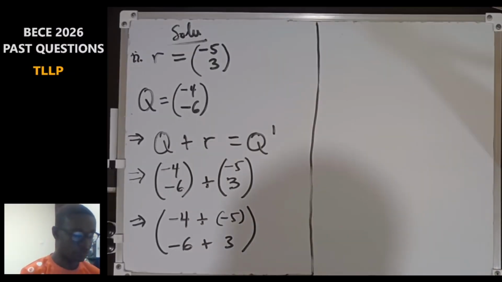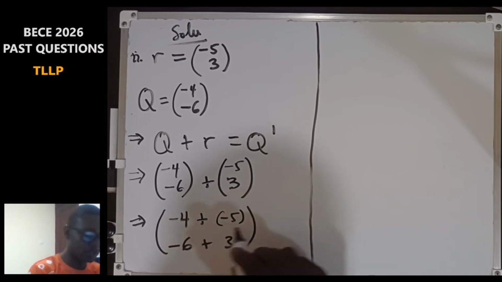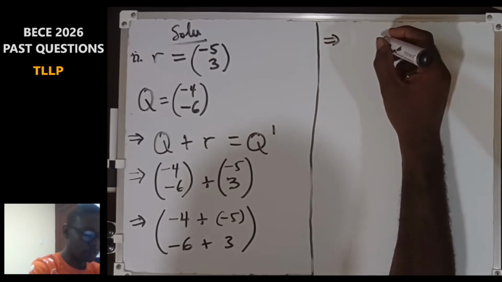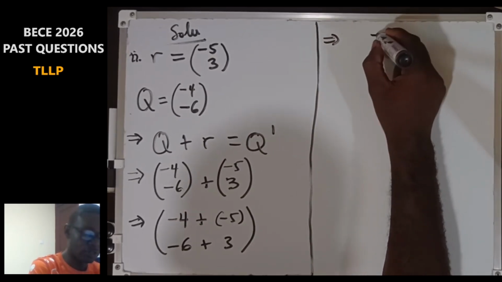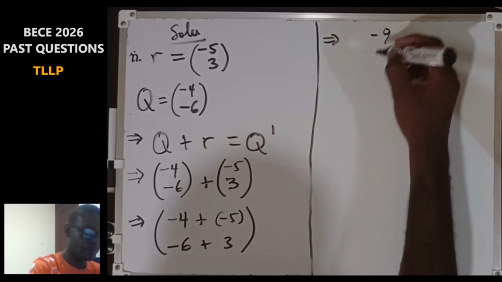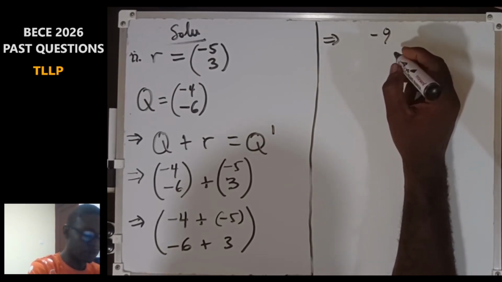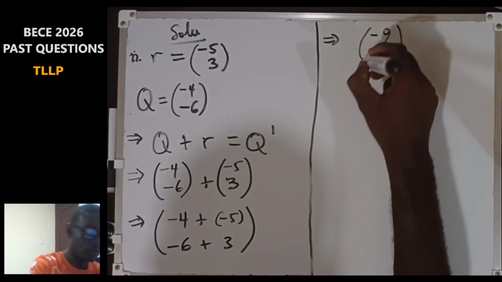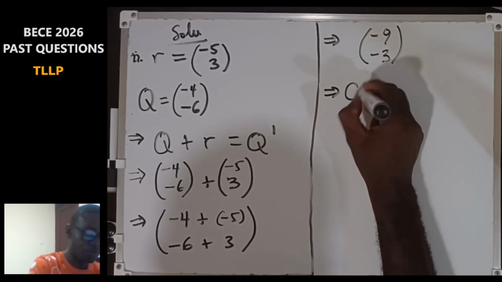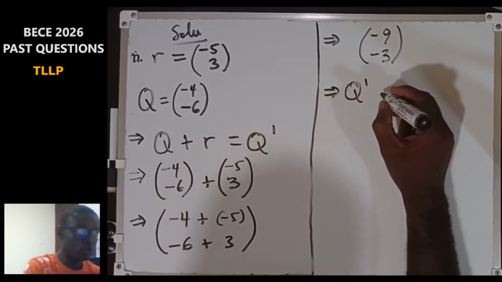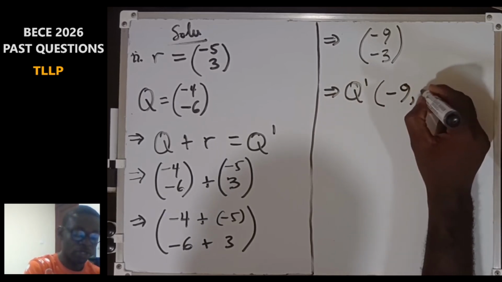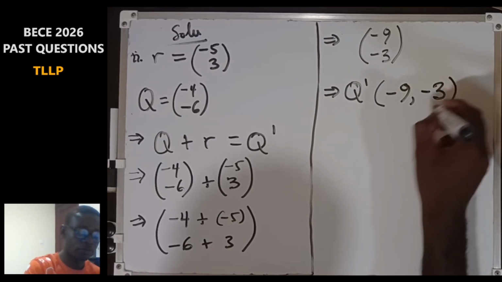So now we can simplify. -4 plus -5 becomes -9, and then -6 plus 3 becomes -3. So it implies that Q prime, which is the image of Q, is (-9, -3).